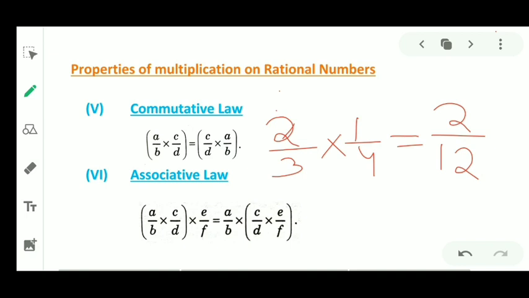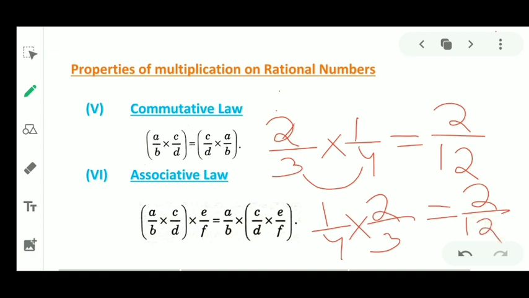Now if you multiply these two numbers in a different manner, that is 1 by 4 into 2 by 3, we will also get the same number, that is 2 by 12. So multiplication on rational numbers is commutative, always commutative. You can multiply any rational numbers in any order.